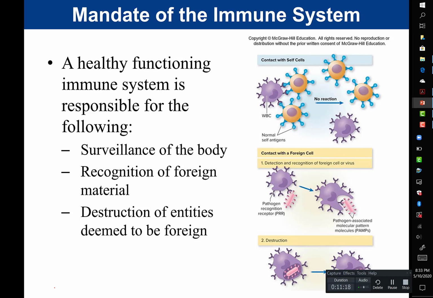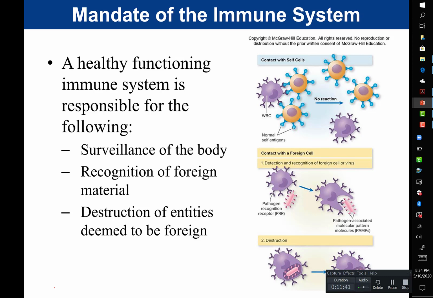And so now you get this overstimulation of the immune system, and it starts attacking our own cells. So this is a very important part of a healthy, functioning immune system: recognizing what is foreign versus recognizing what is self.